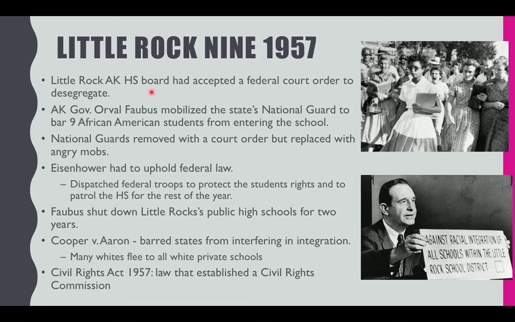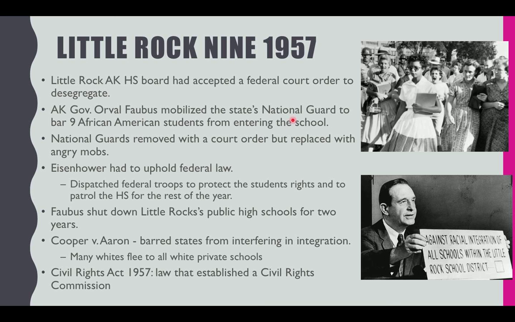The high school board says, okay, 1957, we have got to follow this federal court order to desegregate. The governor of Arkansas, who has the funniest name possible, Governor Orville Faubus, is going to say, no, I don't like this. I don't want the schools to desegregate.